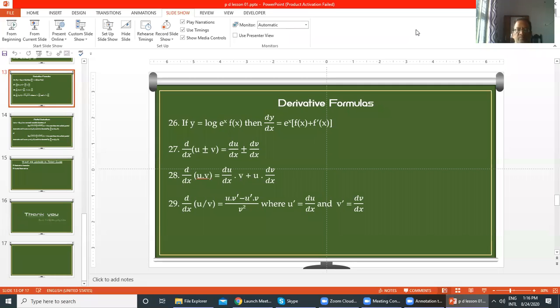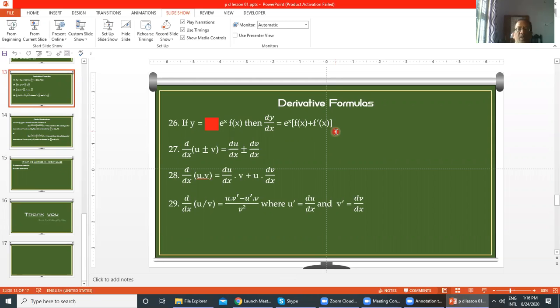Okay, I'm sorry. Y equal to e power x into f of x, then the derivative value is e power x into f of x plus f dash of x.